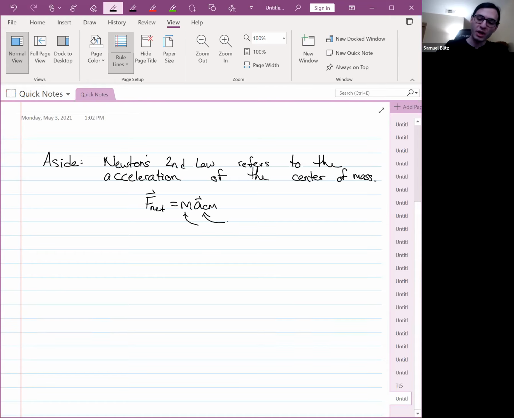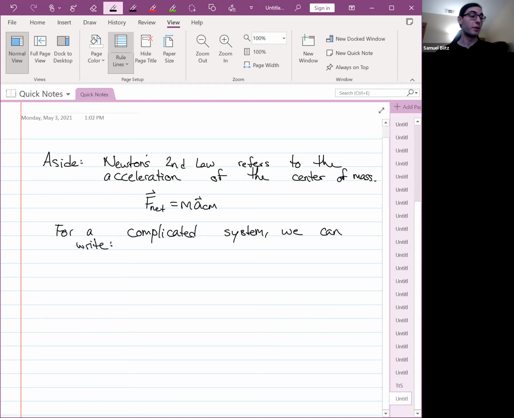In particular, for a complicated system, meaning a system composed of multiple objects, we can write the following. Remember, I use capital M to mean the total mass of the system. So we would write F net, which is still the net force on the system, equals the total mass times the center of mass acceleration.